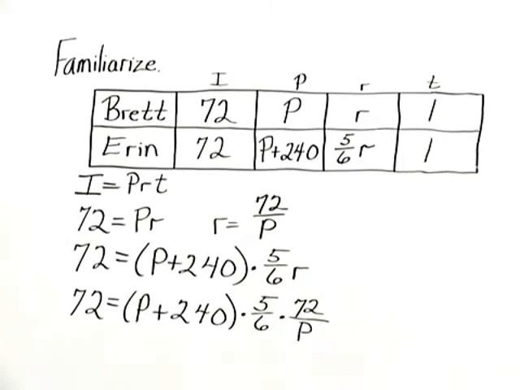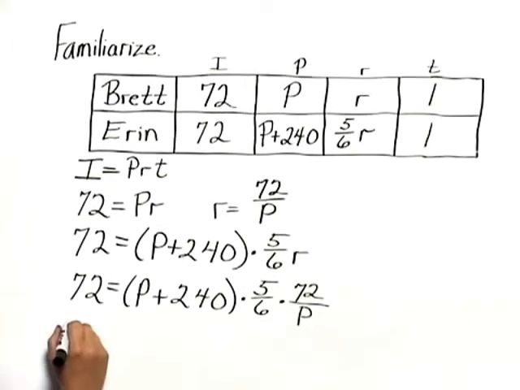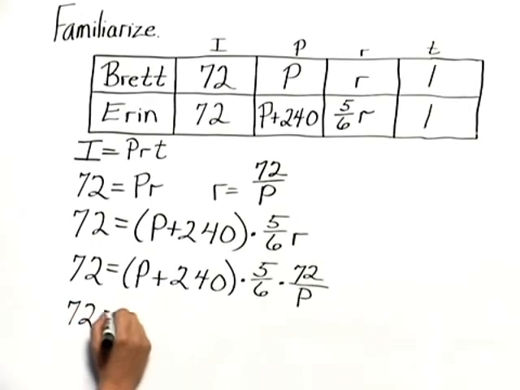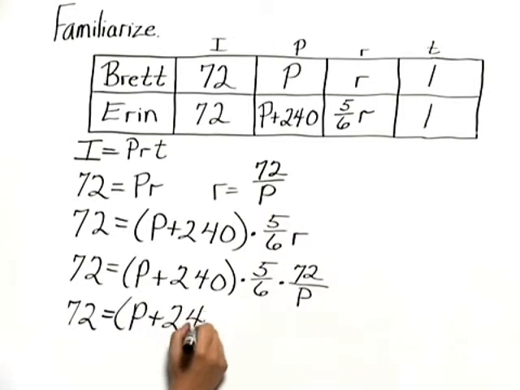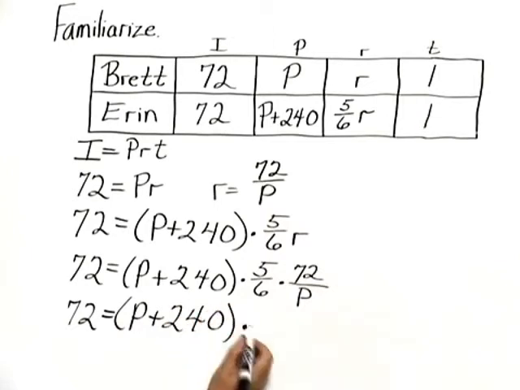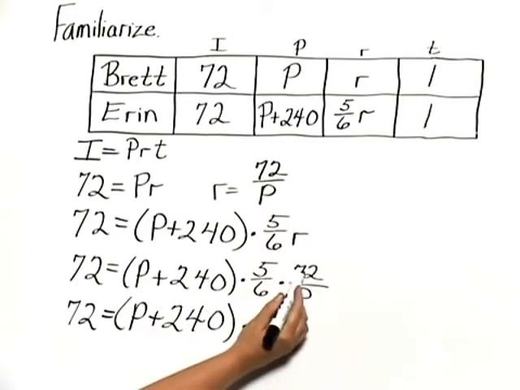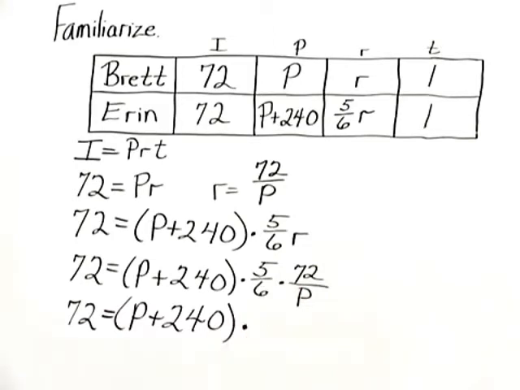invested. Let's simplify. First of all, multiplying here, we have 72 equals P plus 240 times, if we multiply, we'll actually divide 72 by 6, which is 12, and multiply it by 5, we have 60 over P. Now what can we simplify next?